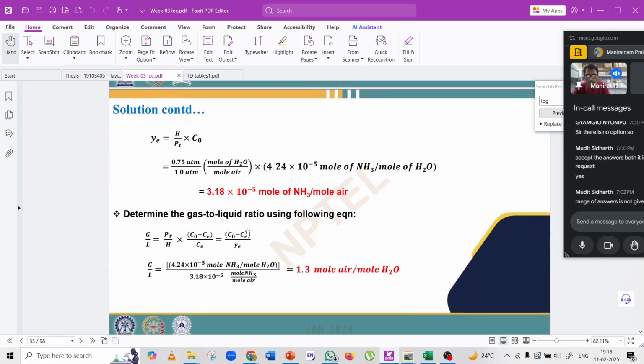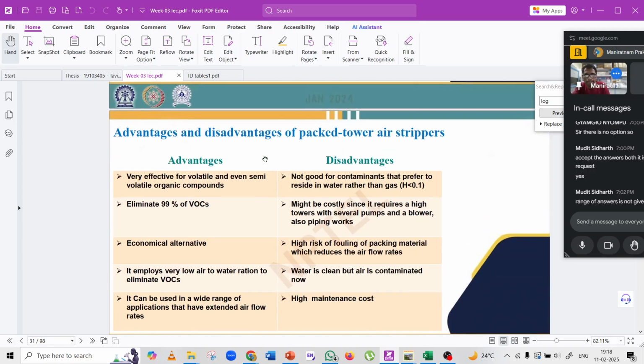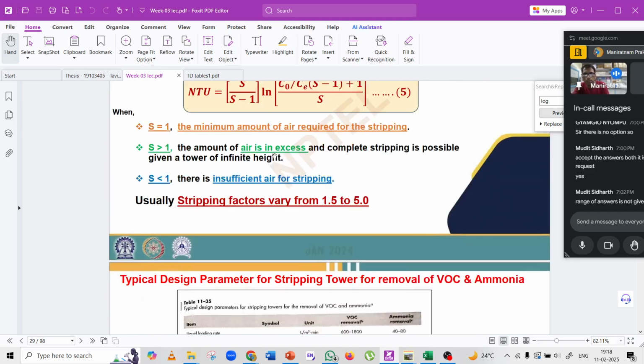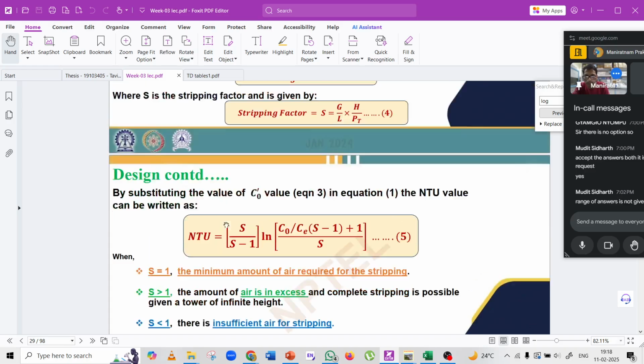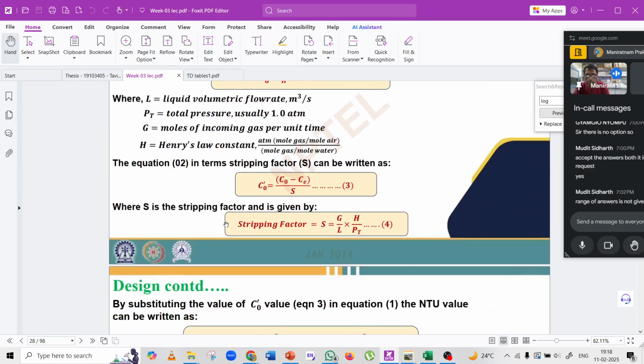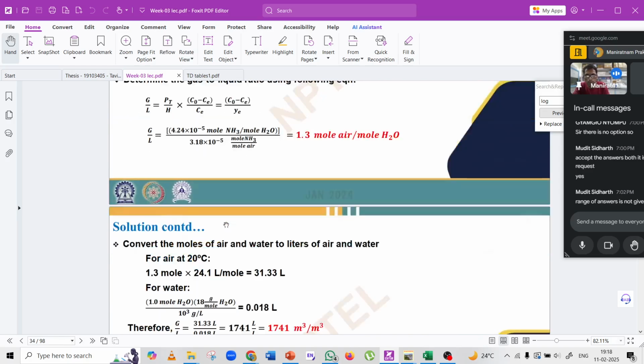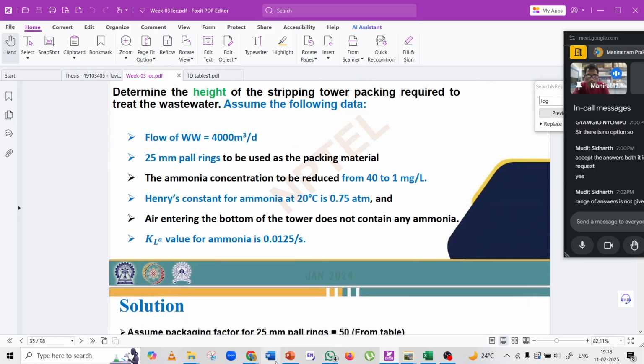To determine the gas liquid ratio, use the following equation. The details of how this equation came up have already been shared with you.